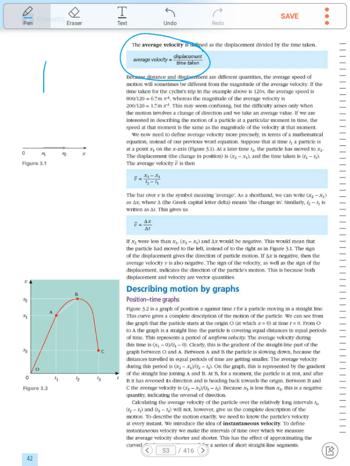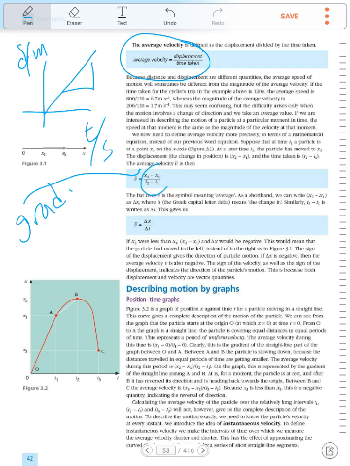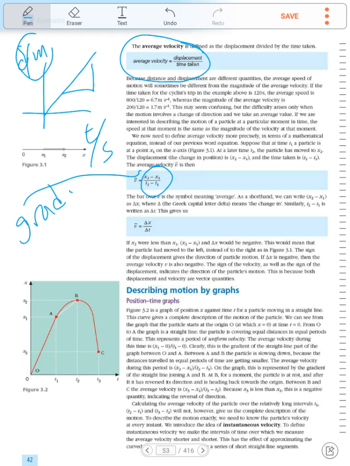Now, if we have a relation between distance in meters and time in seconds, we can find the speed using the gradient. Gradient is the change in y values over the change in time, or the change in distance over the change in time.